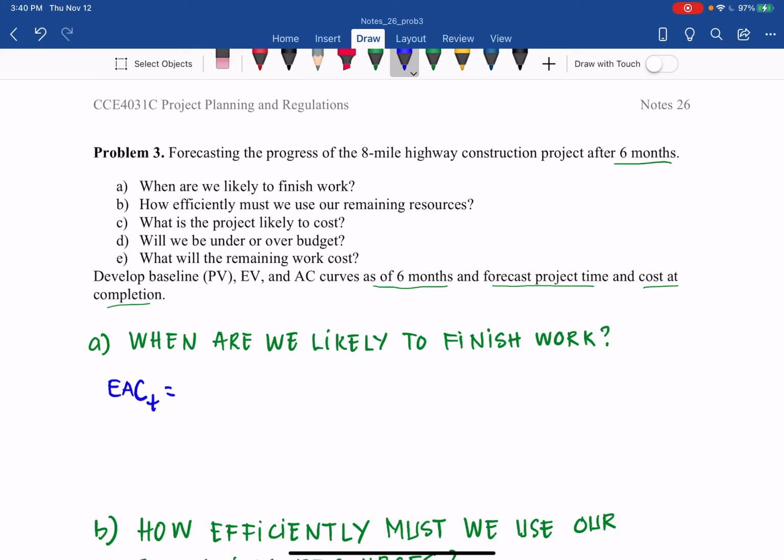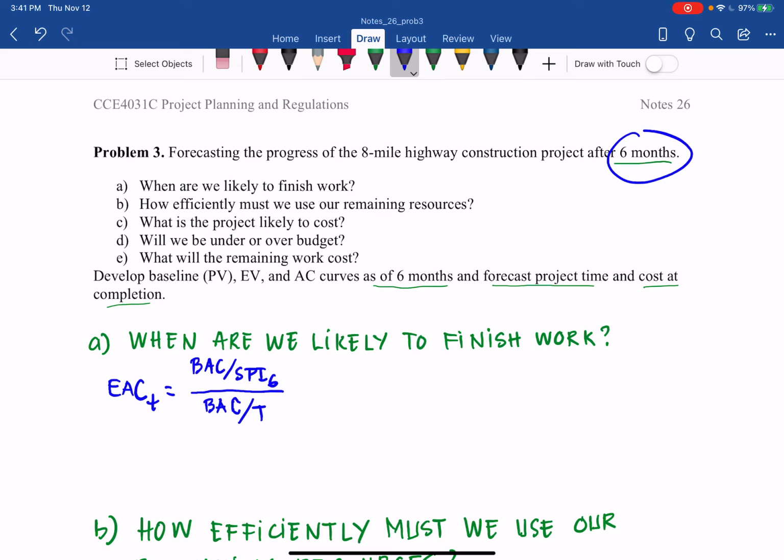For the equation, it is equal to the budget at completion divided by SPI, and in this case the SPI 6 because at 6 months, so you use SPI 6 divided by the budget at completion times the time T, the total completion.